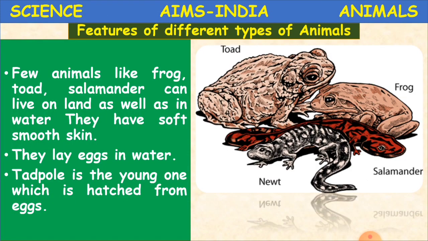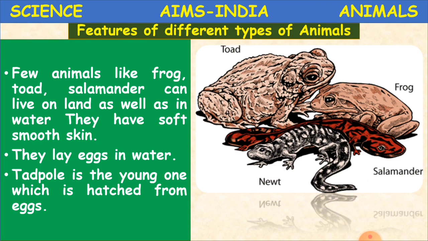A few animals like frog, toad and salamander can live on land as well as in water. They have soft, smooth skin. Have you seen them in the pictures? All look somewhat like a frog, but they are different from one another.